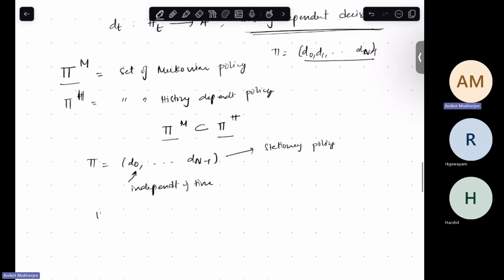Basically, you have the same strategy, let's call it ds, at each time instant. If you have the same decision rule at each time instant, then that policy is known as a stationary policy.